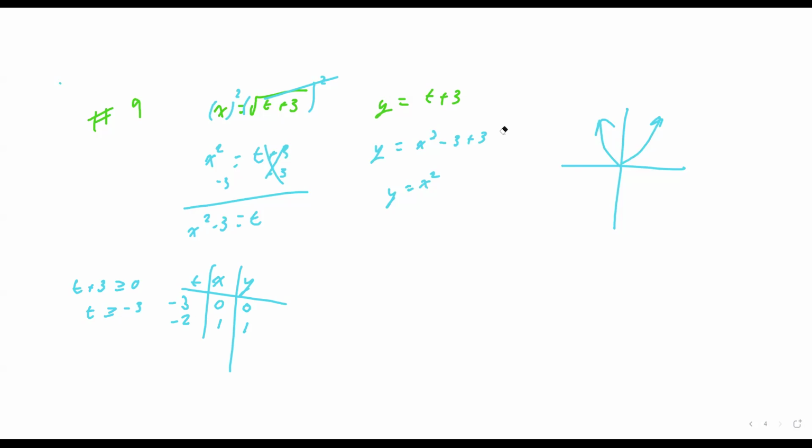So therefore, that is the only portion of the graph you can have. So in a normal sense, it would be just x squared, but because t is limited, t can't be anything less than -3. I can only graph half of this equation here. So just watch out for that. Easy algebra. However, there are limitations on some of them. So just watch out for those.